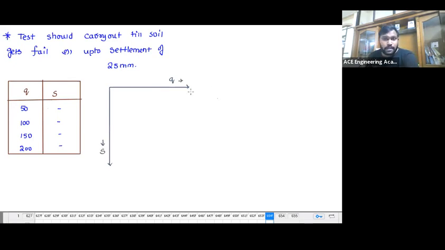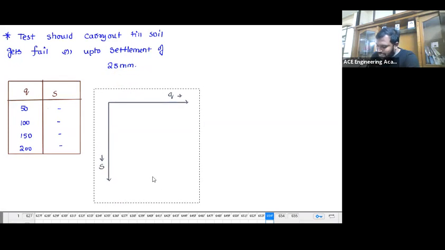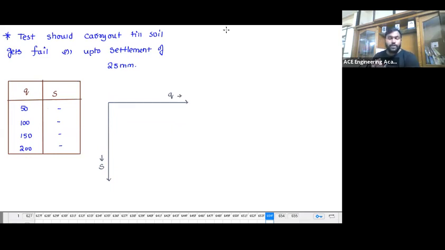So Q versus settlement. Now you know that when the failure happens in the case of shallow foundations, there are two types of failures: general shear failure and local shear failure. I hope that while I was discussing general shear failure and local shear failure, I told you how the failure varies.